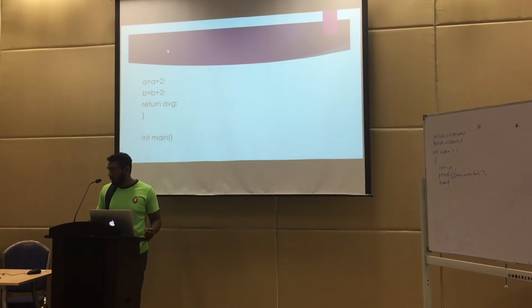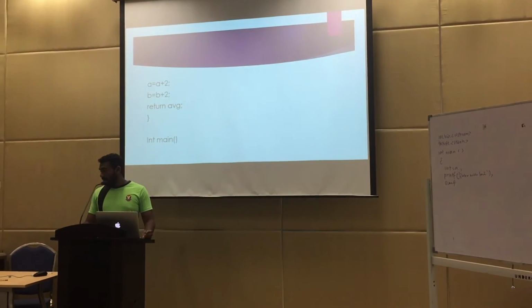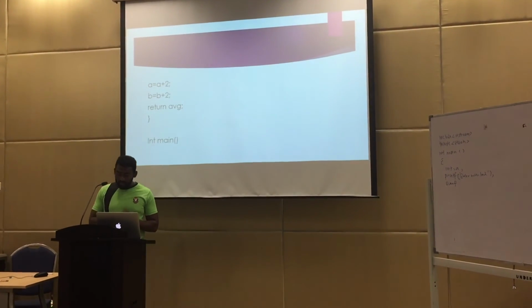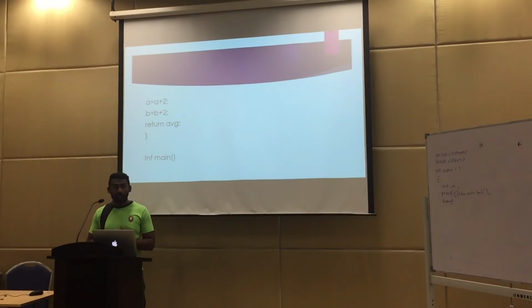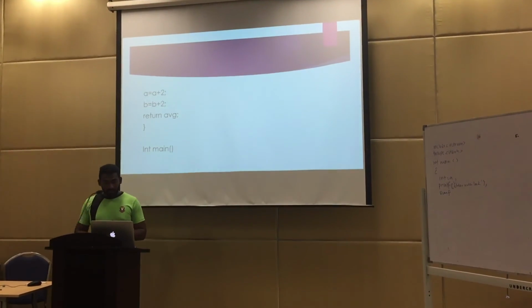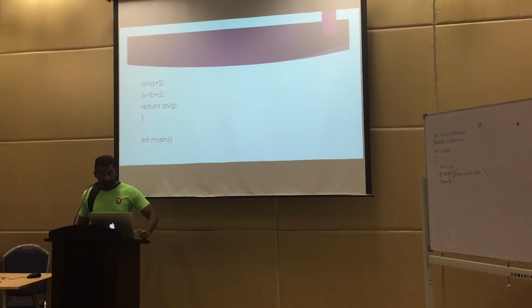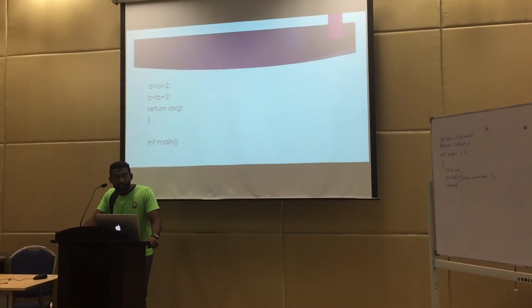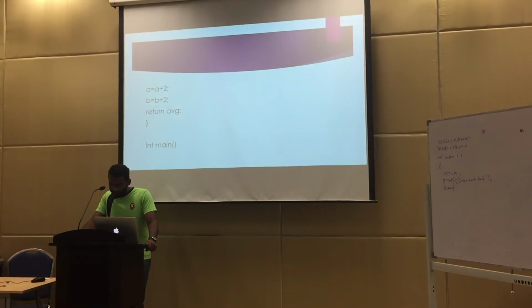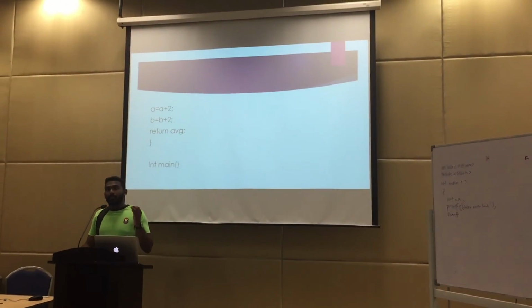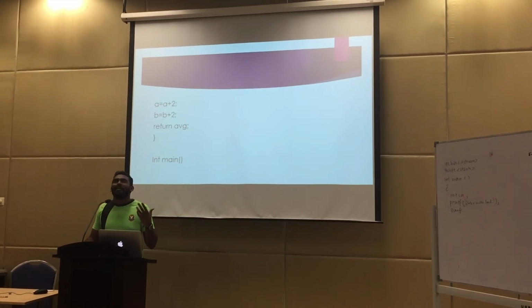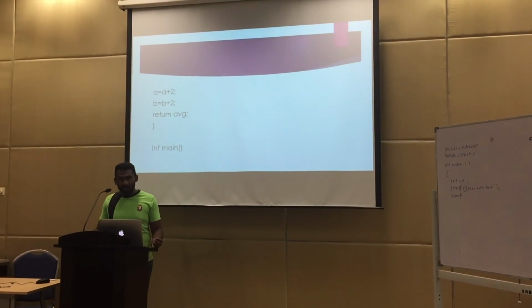And a equals a plus 2, b equals b plus 2, and return avg. Return avg will be the returned average, whereby we do that to obtain the returned value. Followed by int main, where the actual program execution will be occurring.